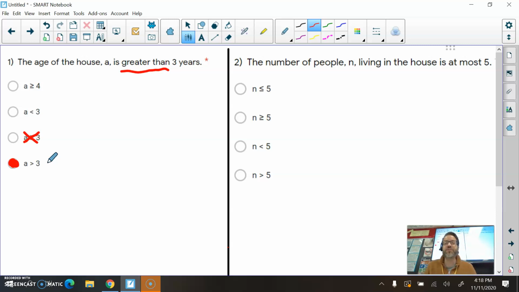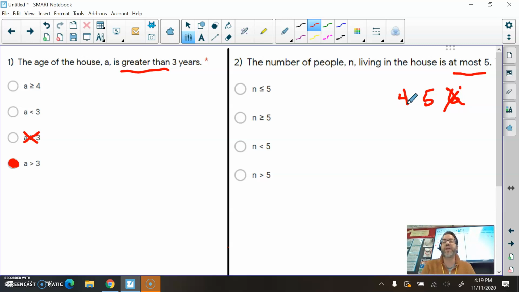No, excuse me. Number 2, the number of people, N, living in a house is at most 5. So question, can 5 people live in the house? Yes, but that's the most that can live in the house. It can be at most 5 people. Now, could it be 6 people? No, that'd be too many. It can be at most 5. Can it be 4 people? Yes, it can be fewer than 5 people.